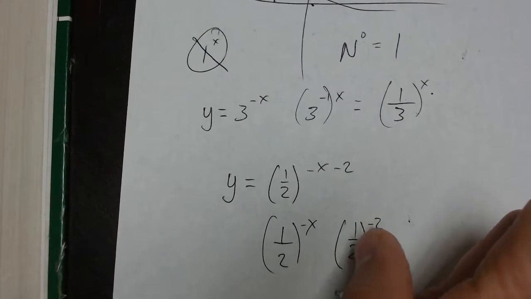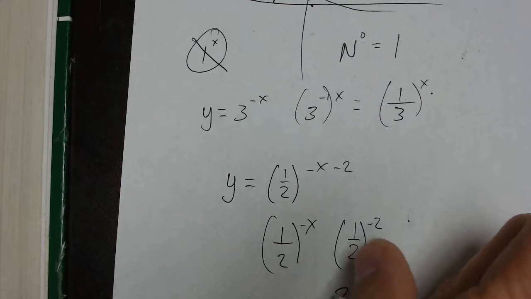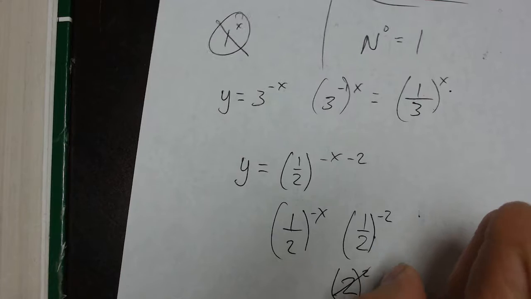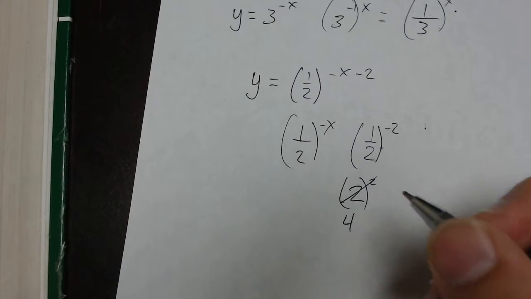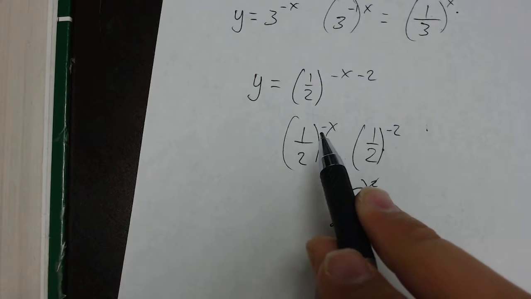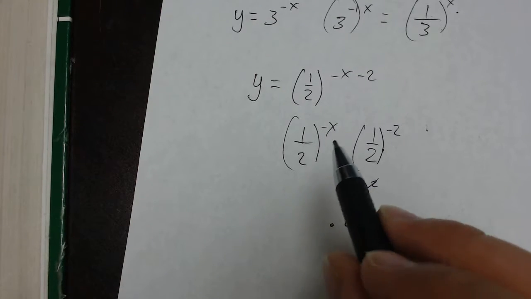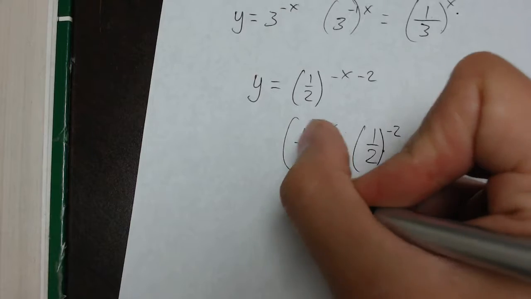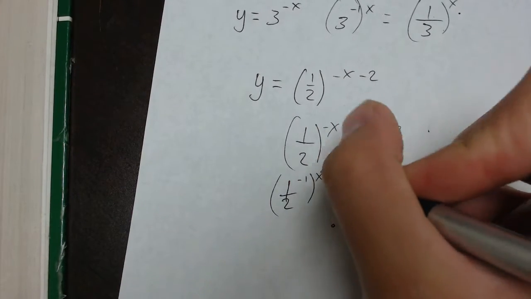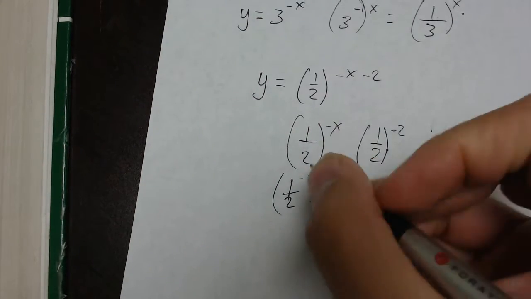This simplifies to just become 2 squared. 2 squared is 4. So this whole right side simplifies to become 4. So now I have 4 times 1/2 to the negative exponent of x. If I, again, rewrite this as 1/2 to the exponent of negative 1 times the exponent of positive x, that flips that again.